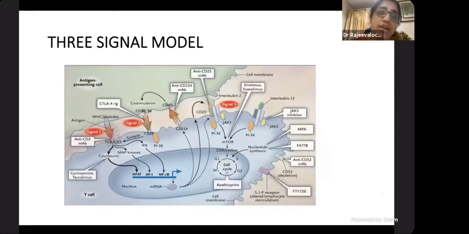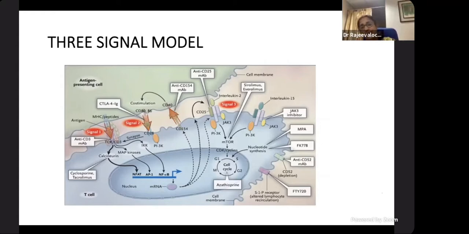I'm not going to go into more detail on that because I'm going to concentrate more on the immunosuppression. Coming to one of the more comprehensive models, called the three-signal model, it tries to explain how an organ is recognized as foreign and then gets rejected. The types of rejection: hyperacute rejection occurs when there are preformed anti-HLA antibodies present in the blood.